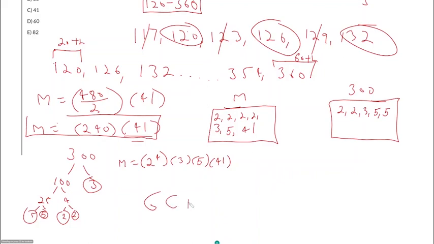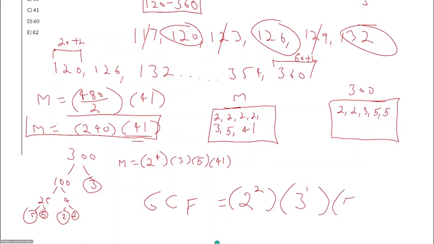So the greatest common factor between m and 300, let's start with our 2. I have 4 2s over here. I have 2 2s over here. So we need to count out the number of times it appears the least. We only need 2 2s. For our 3, it appears once here and once here. So just count it once. Our 5, we have 1 5 here, 2 5s here.